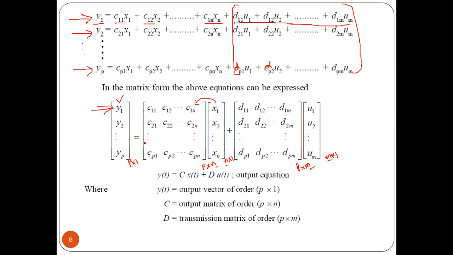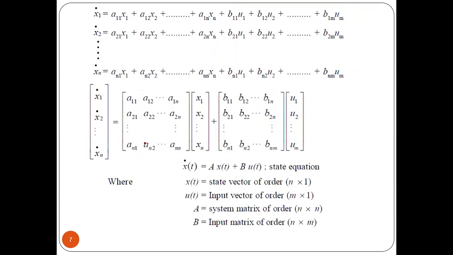This is the relation between the output variable and the input and state variables. Also, the state variables are selected and defined in such a way that first order derivatives exist.